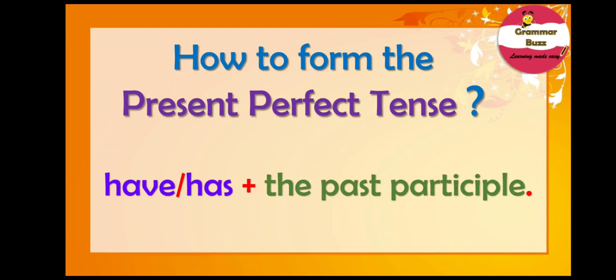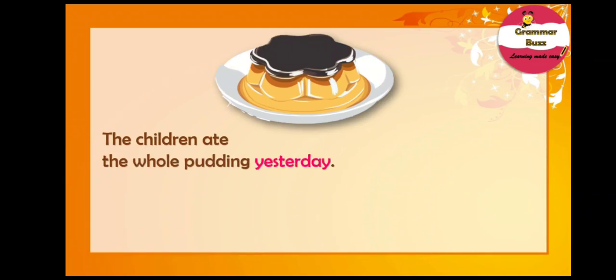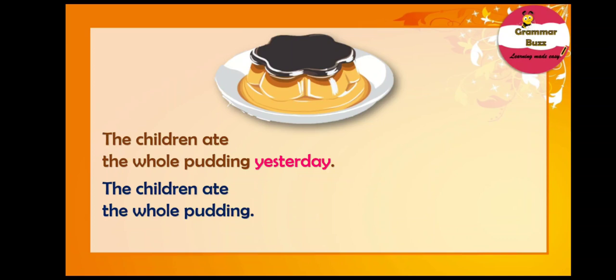And hey, what do we have here? Well, it's a picture of a pudding, and our first sentence says, the children ate the whole pudding yesterday. We already know that this sentence is in the simple past tense. This sentence can also be written as, the children ate the whole pudding.